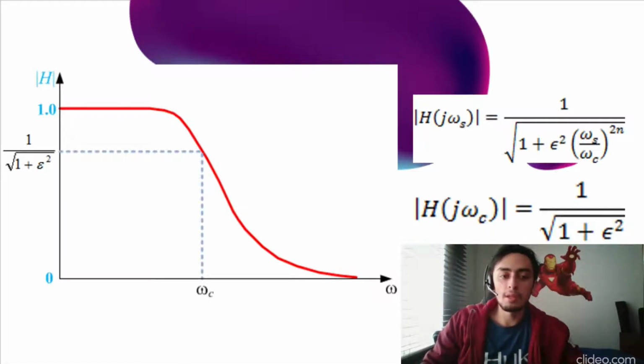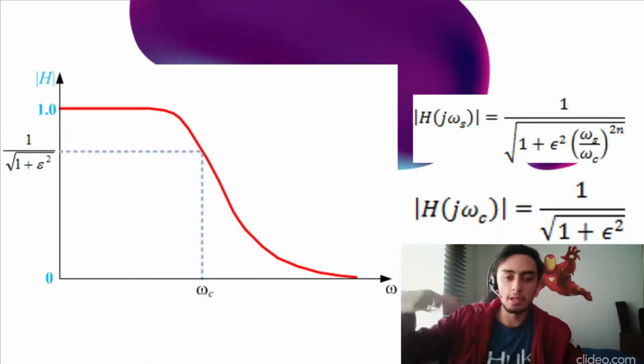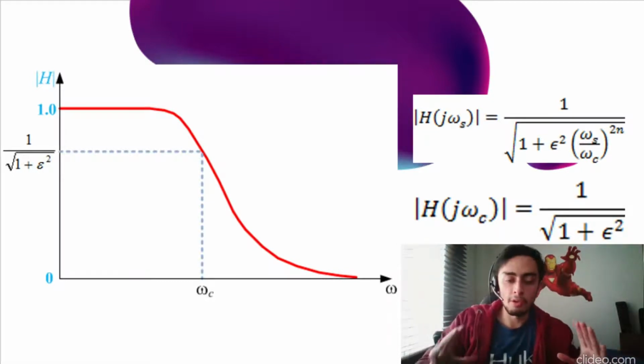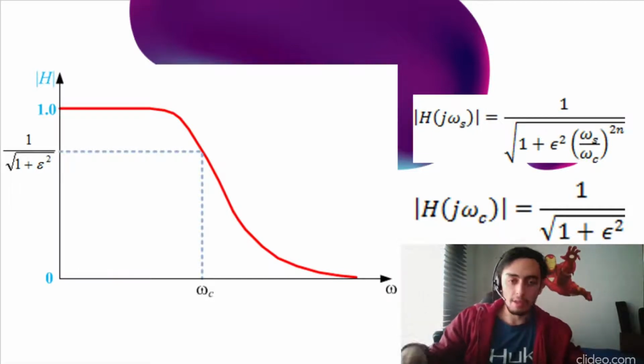So in the next, we see that in the border of the suppressed band, w equals omega s, the attenuation of the filter will be given by this equation: minus 20 log of 1 radian per second over the square root of 1 plus e squared times (omega s divided by omega c) to the power of 2n, equals 10 log of (1 plus e squared times (w over wc) to the 2n).